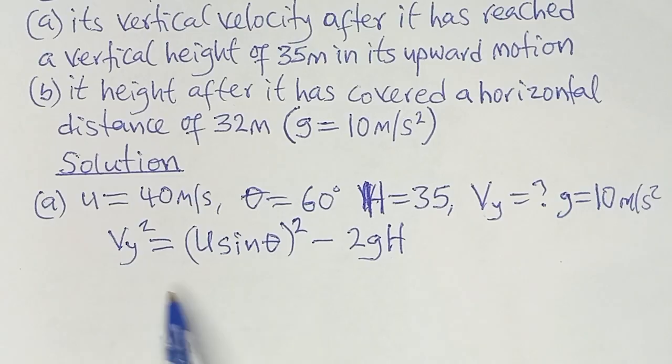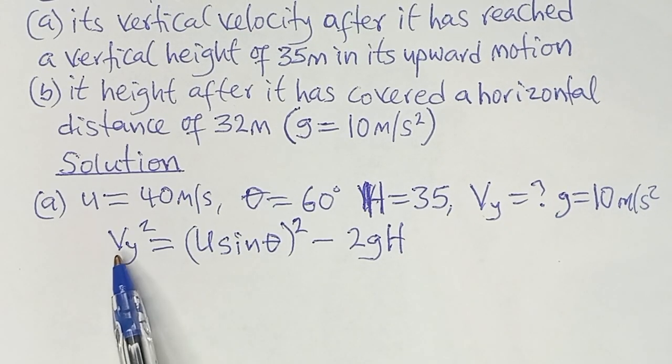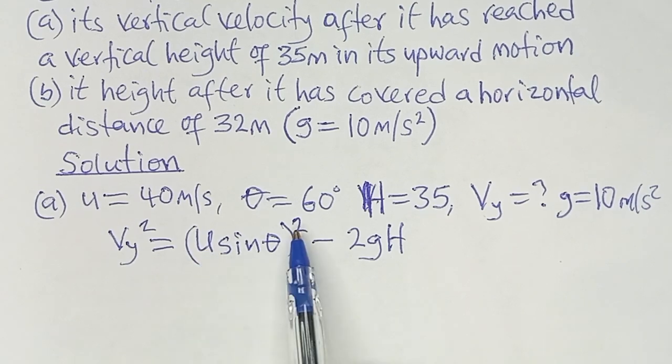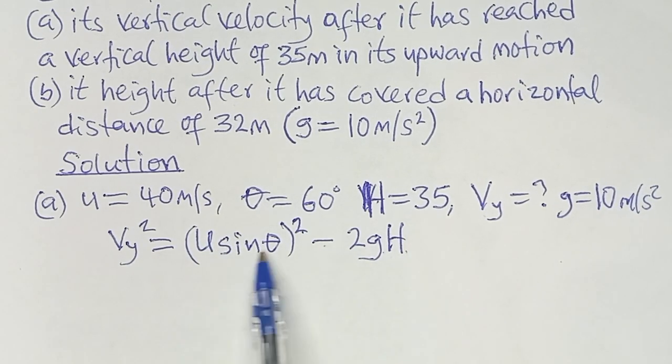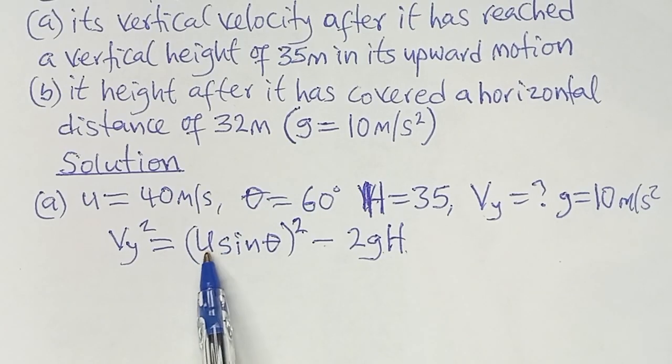This equation of motion is similar to V square is equal to U square minus 2GH.